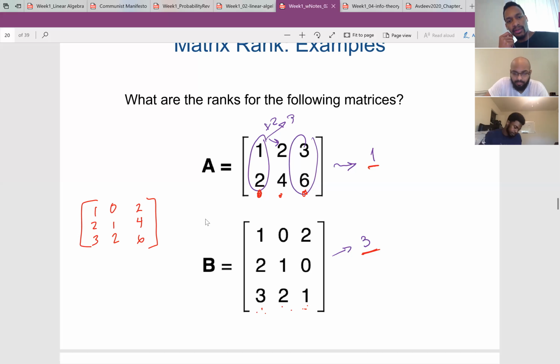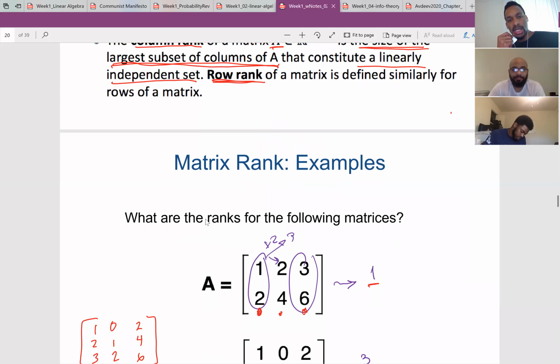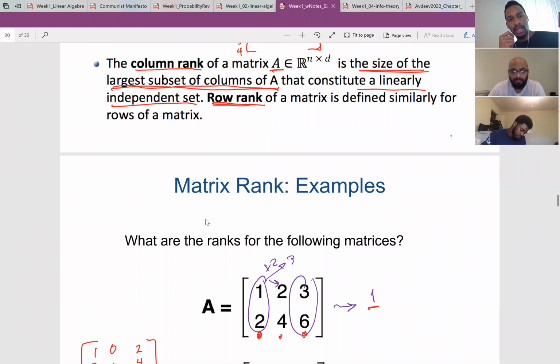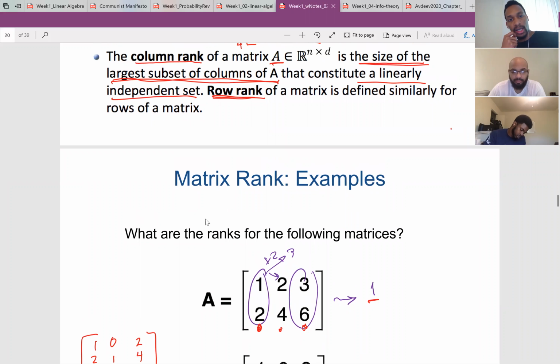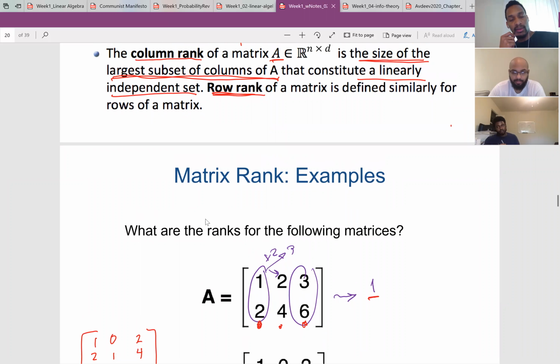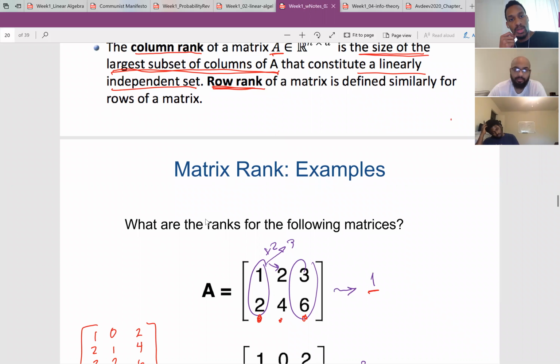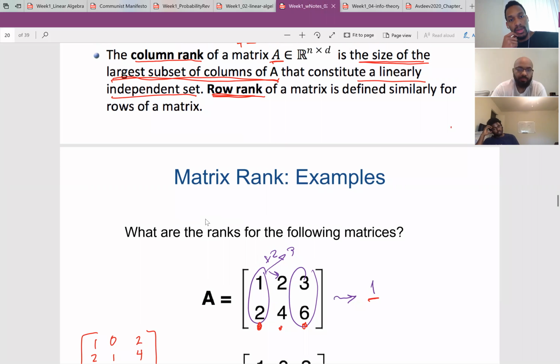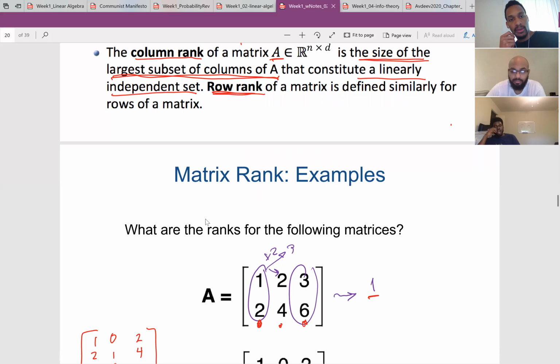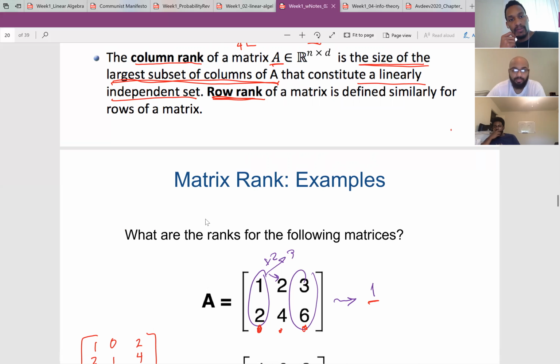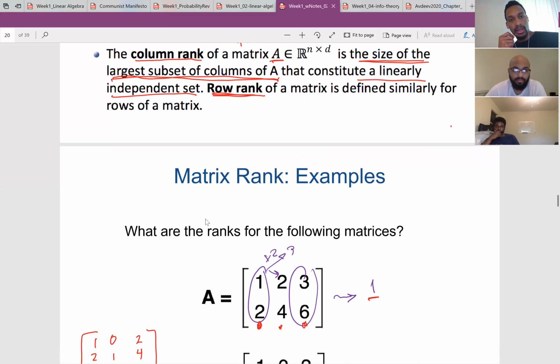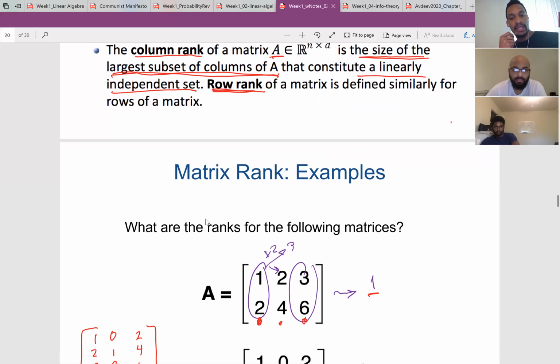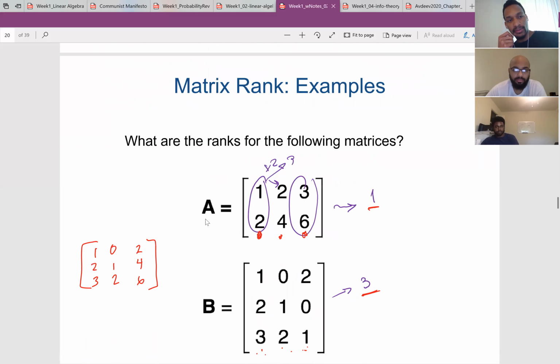I guess the reason I said they were equal is because most times people would just say rank, and it's kind of unclear what people mean by just rank if they're not equal. But it might be that column rank is what we generally mean by rank. Yeah, I think that's a safe assumption. If people just say rank, you can assume column rank.